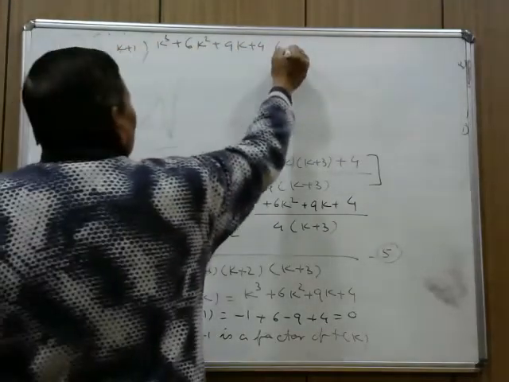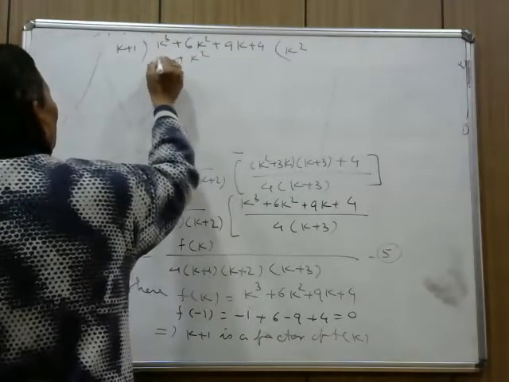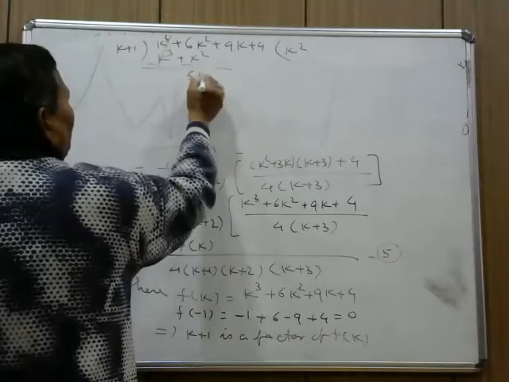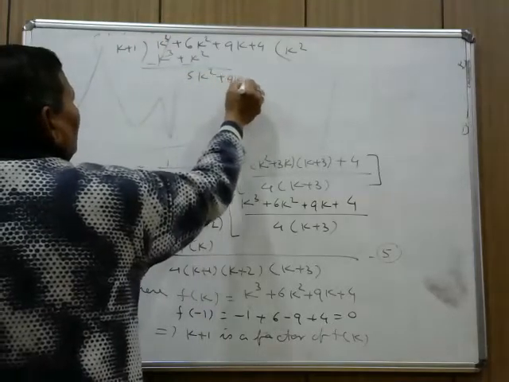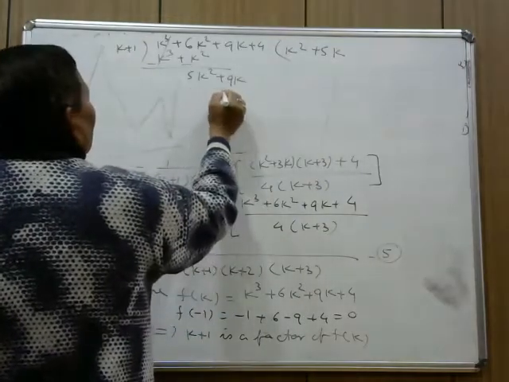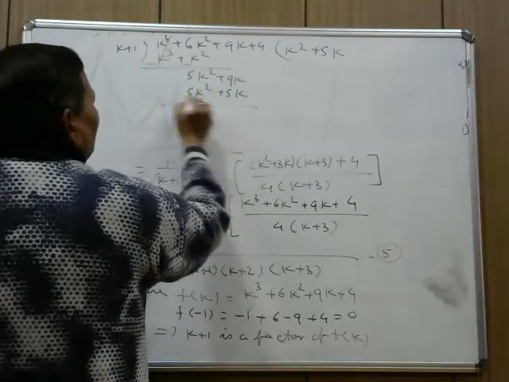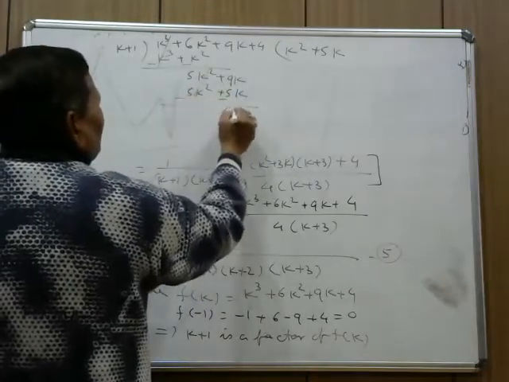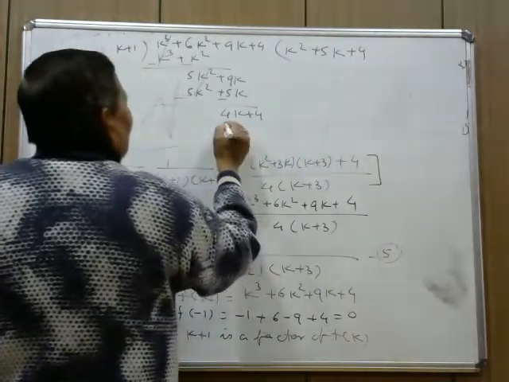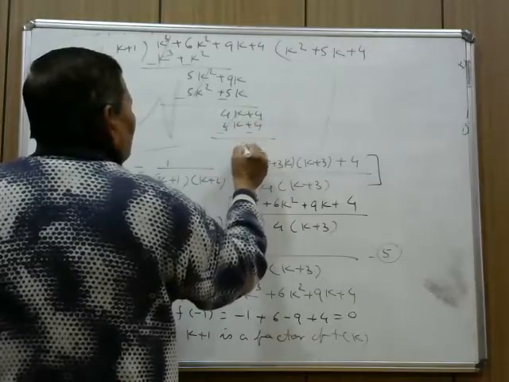You will get k square plus 5k plus 4, and the remainder is 0.